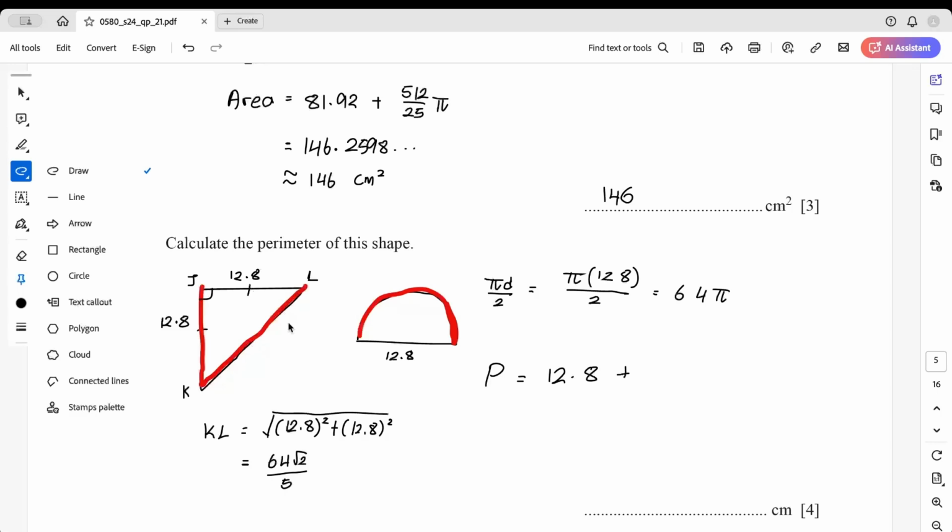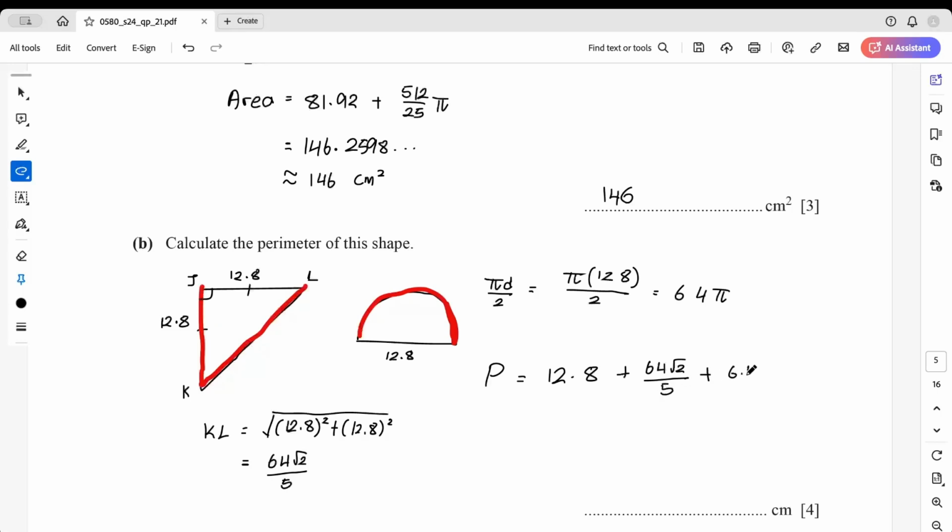So you have to add 12.8 and 64 square root 2 over 5 and 6.4 pi, which gets you an answer of 51.0 centimeters, correct to 3 significant figures.